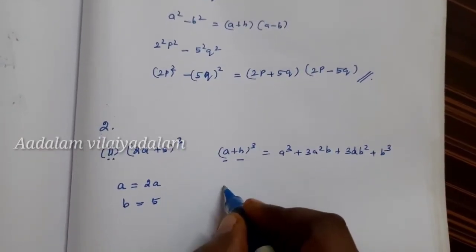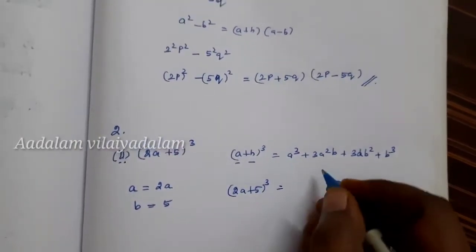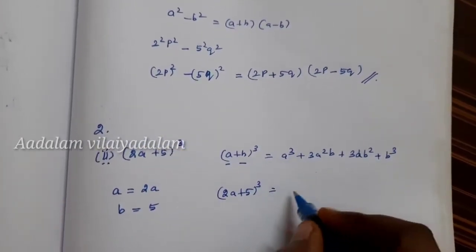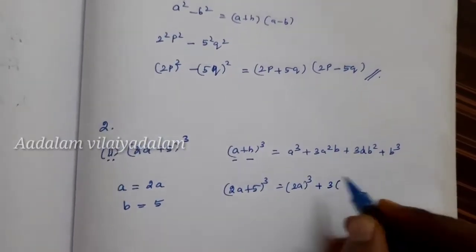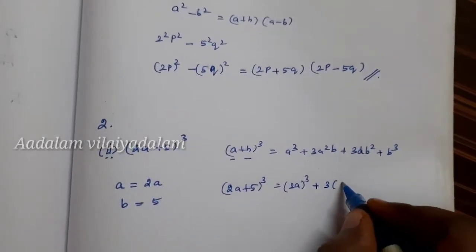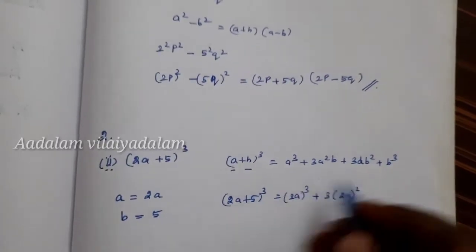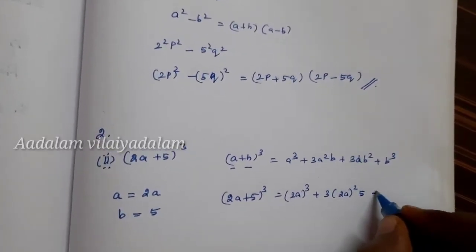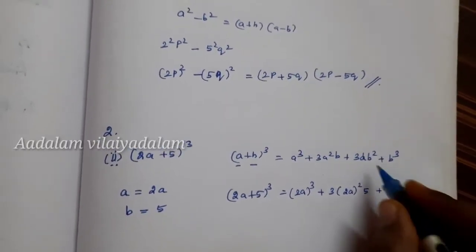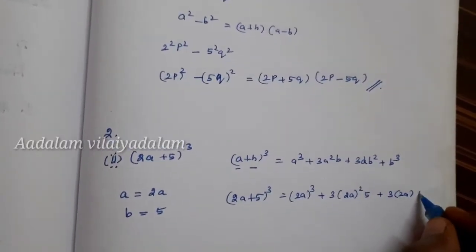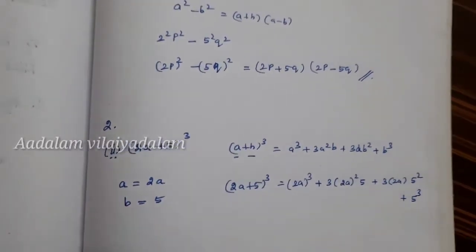Then we get (2a plus 5) the whole cube equals (2a) the whole cube plus 3 into a square, here (2a) the whole square, into b, that is 5, plus 3 into a, 2a, into b square, we can write 5 square, and then b cube is 5 cube.